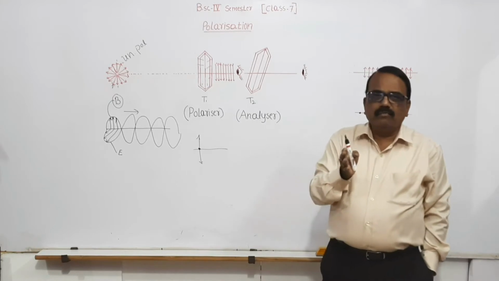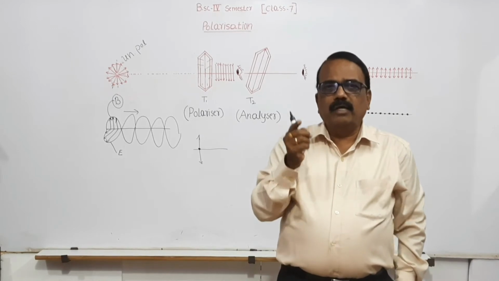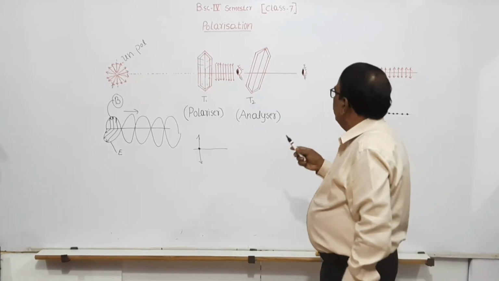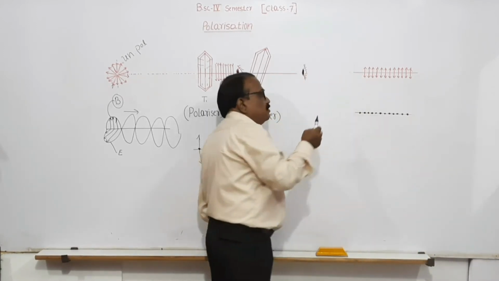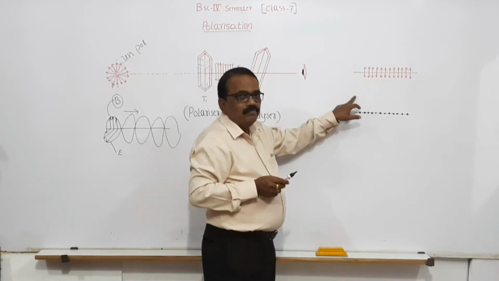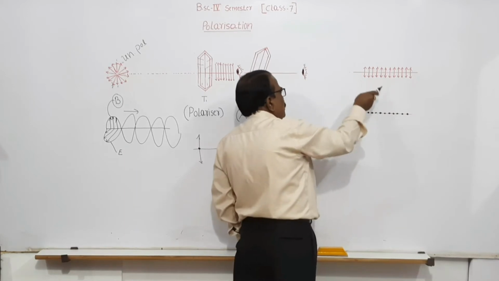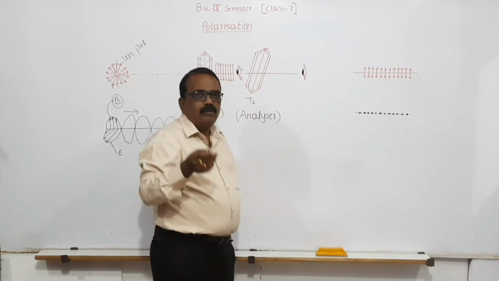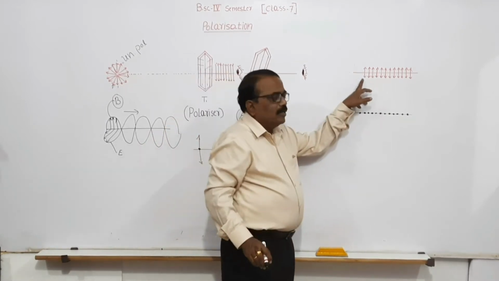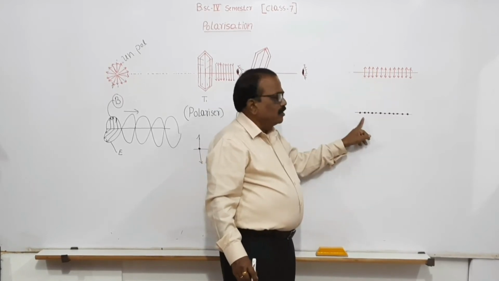If the light vibrations are confined to a single plane, that light is called plane polarized. Then this plane polarized light can be represented in the diagram by this figure. If you draw the arrow marks showing vibrations parallel to the paper or parallel to the board, then such light is called plane polarized light with the vibrations parallel to the board. Then observe another figure.